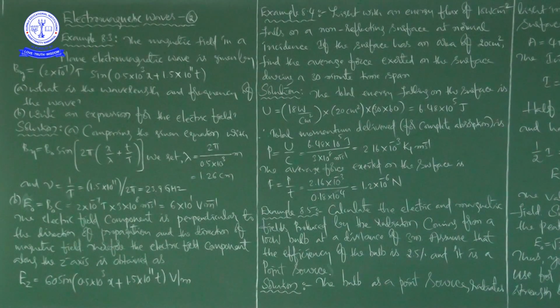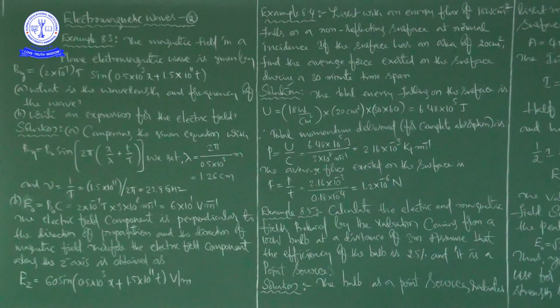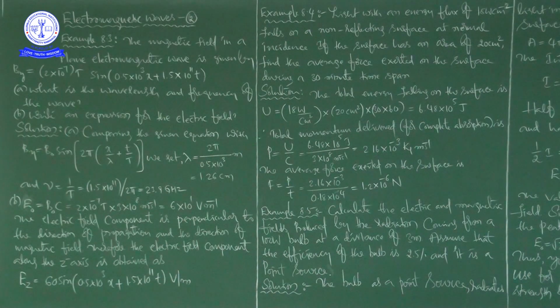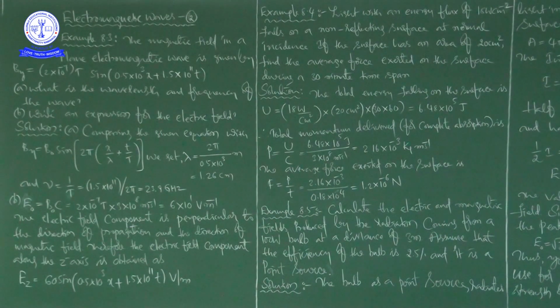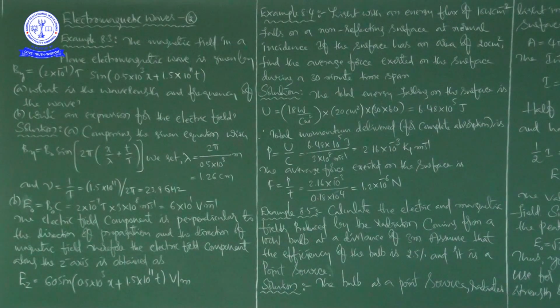We got E RMS because half of the intensity is provided by the electric field and half by the magnetic field, from the definition of an electromagnetic wave. The intensity we calculated by using the formula I is equal to power by area, 0.022 watt per meter square.